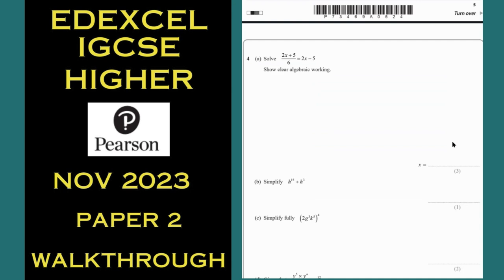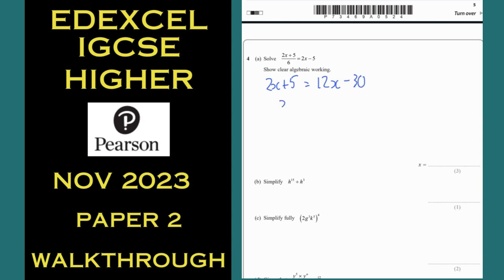Question 4, solving. Now when we're solving, never a fan of fractions, get rid of them. How do I get rid of divide by 6? Multiply the left by 6 and multiply everything on the right hand side by 6.